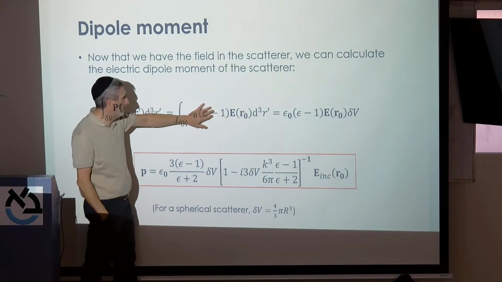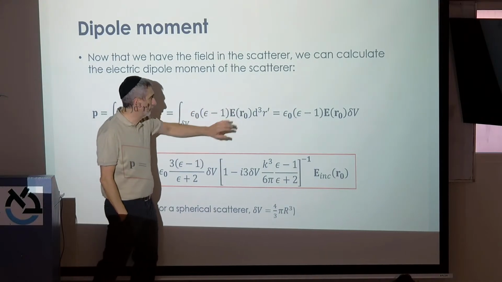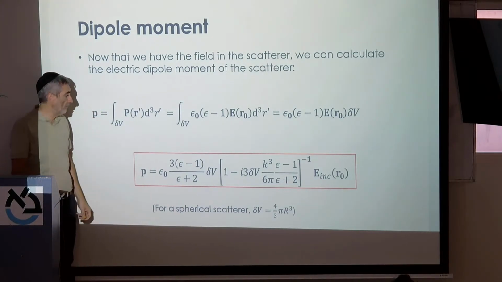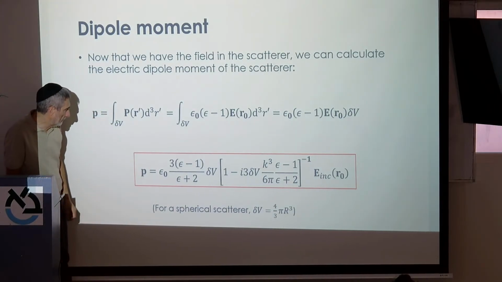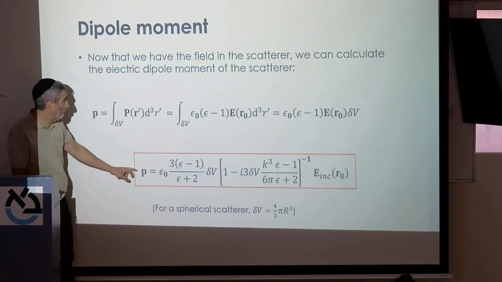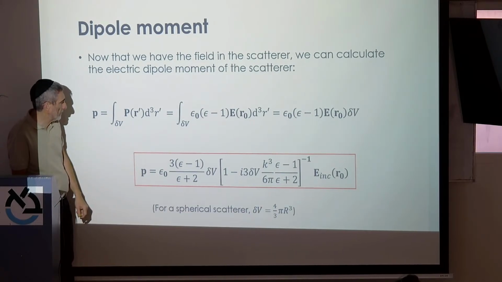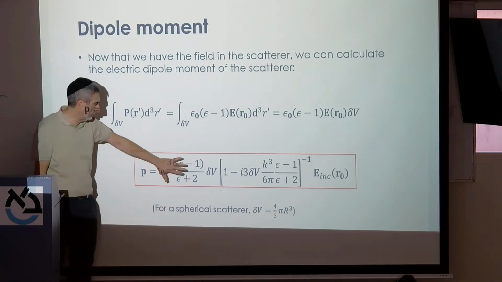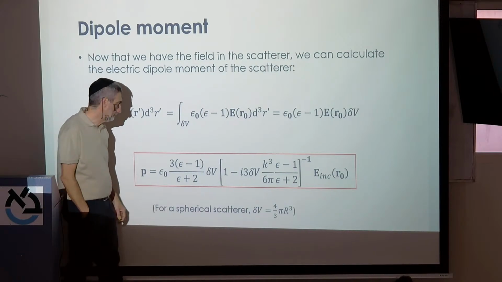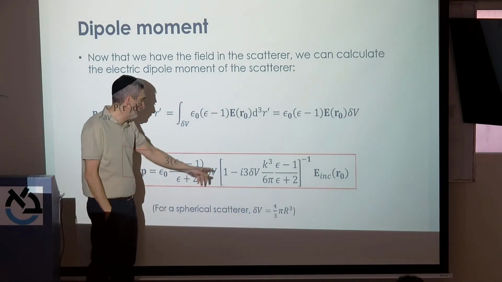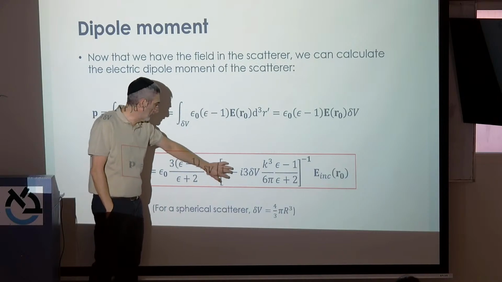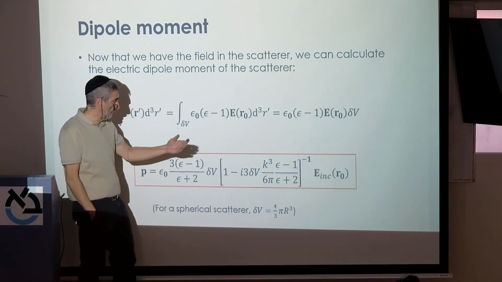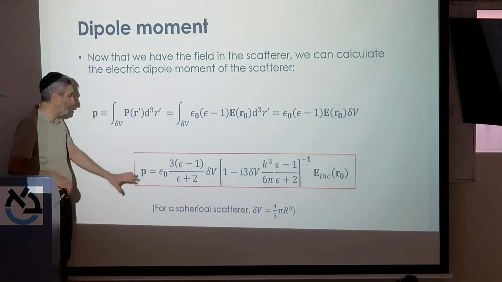This term is constant, it does not depend on R, so we just integrate over the volume of the scatterer. If you replace by E of R0 that we just calculated, you get this expression for P. This constant term times the volume of the scatterer, times the static term minus the oscillatory, radiating term, times the incident field. That's very nice.